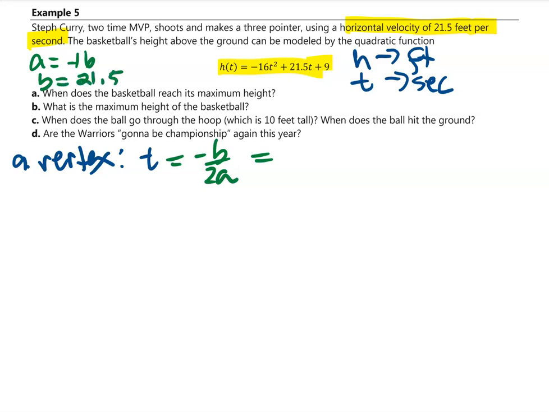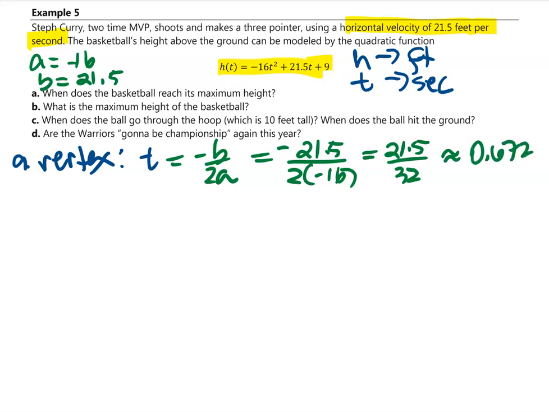So this is negative 21.5 over 2 times a, which is negative 16. So negative over negative is positive. So 21.5 over 32 is approximately equal to 0.672 second.